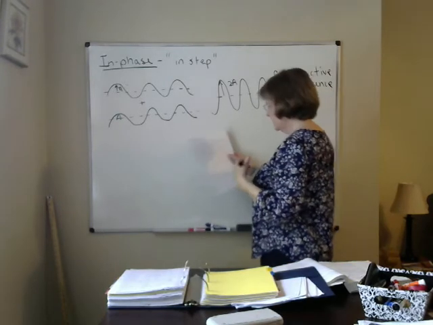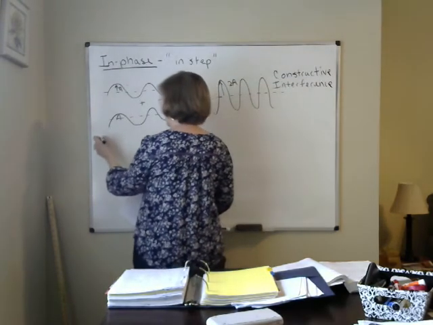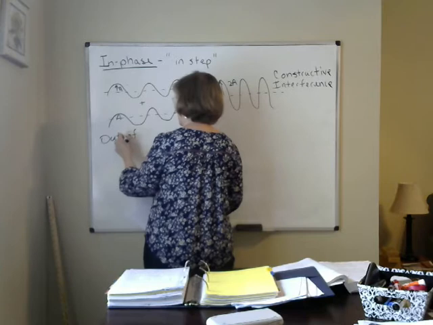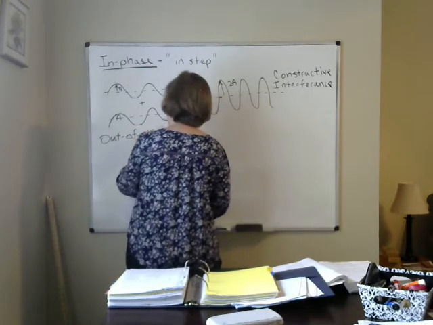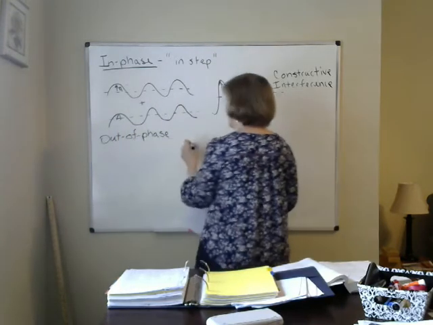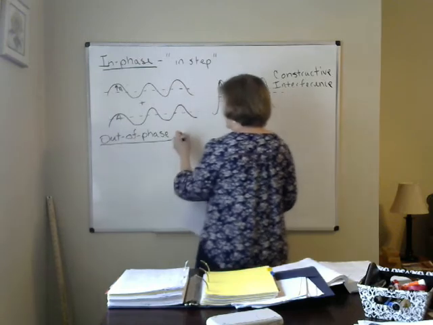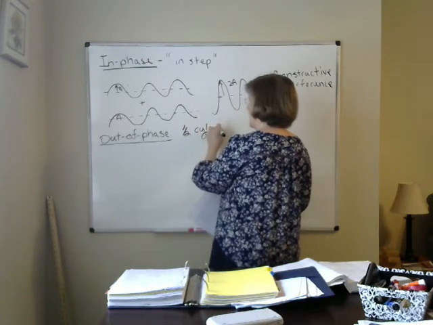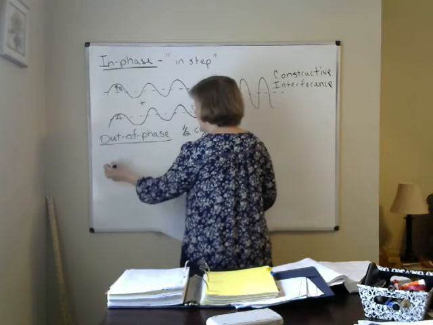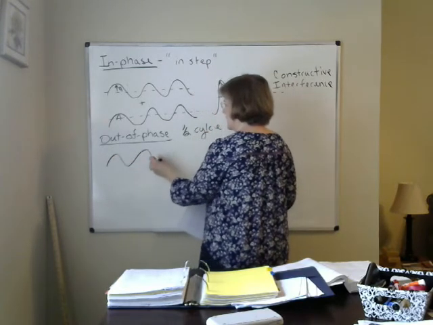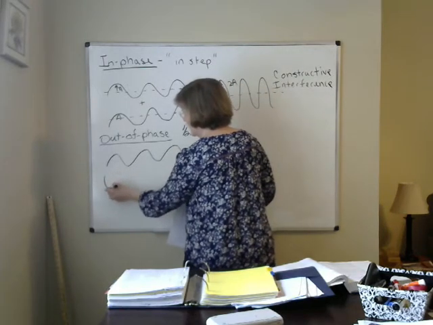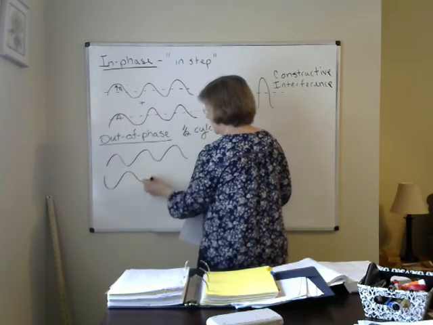If we have two waves that are out of phase, and in particular if they're out of phase by 1/2 cycle, that means when the first wave is enjoying a crest, the second wave is having a trough.